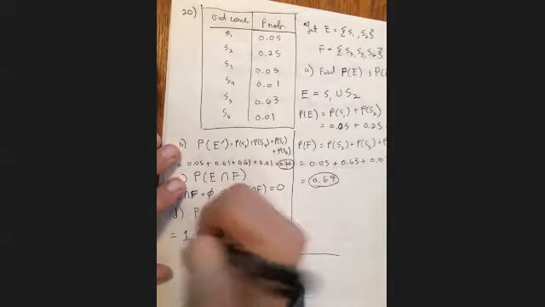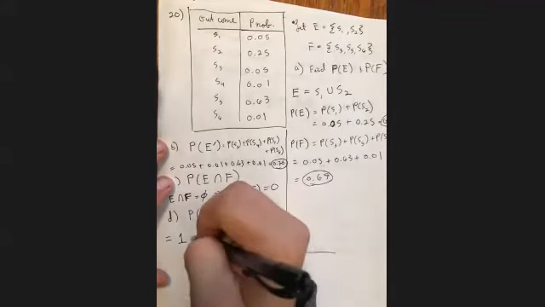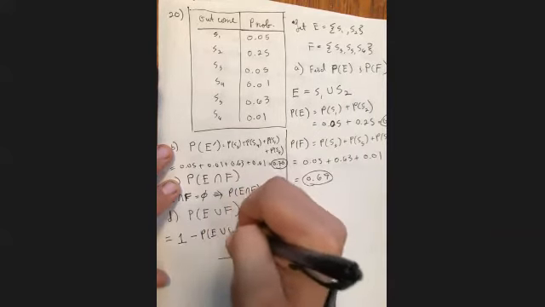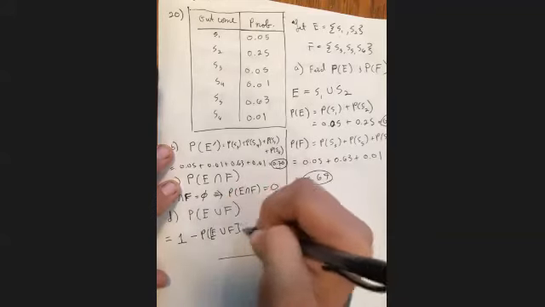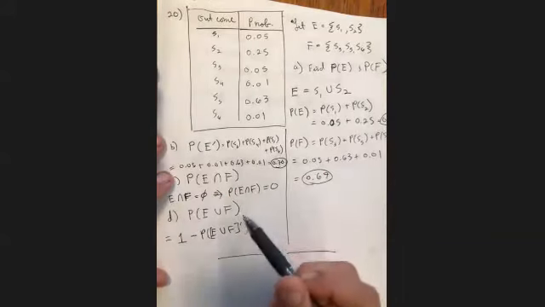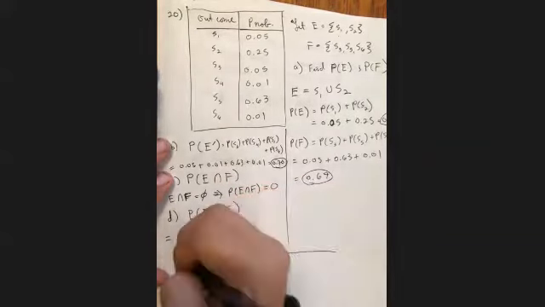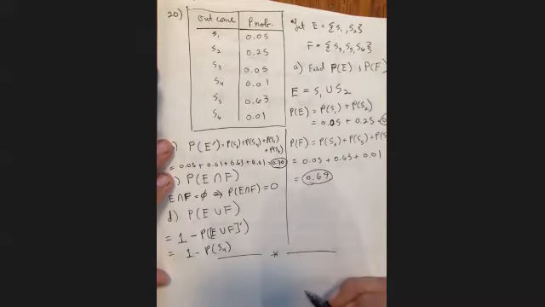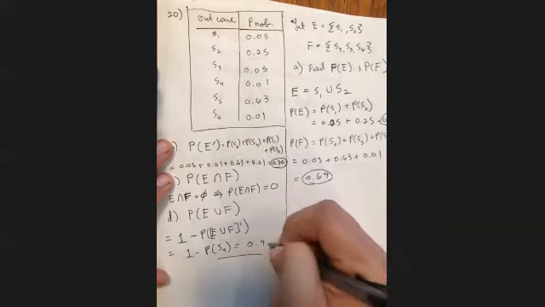Since we're a little bit more familiar with probability now, I can think of this as 1 minus the probability of the complement of E union F. And that complement, everything that's outside of E union F, is just S4. So that's 1 minus the probability of S4. And that's 0.01. So this must be 0.99.